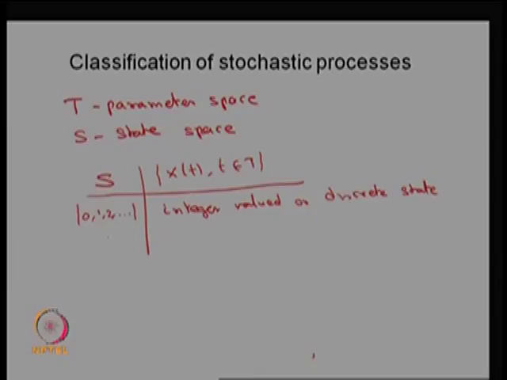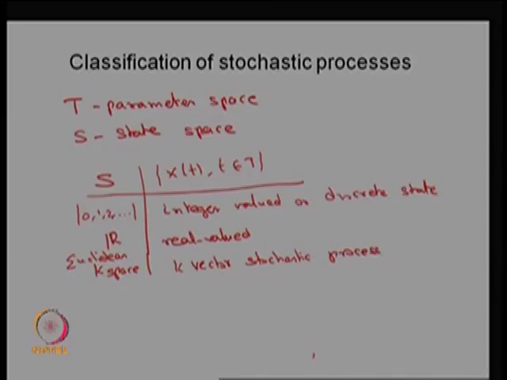Suppose the possible values of S are the real values, then we call it a real valued stochastic process. Suppose it takes a k dimensional Euclidean space, then we call it a k vector stochastic process.